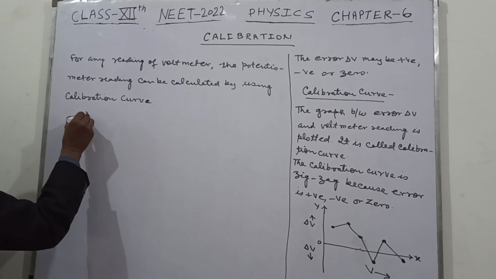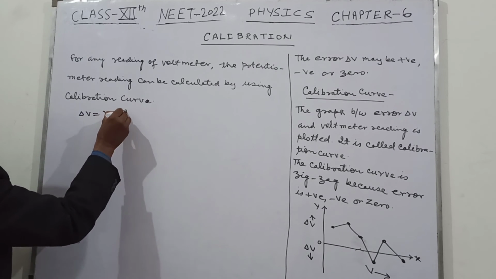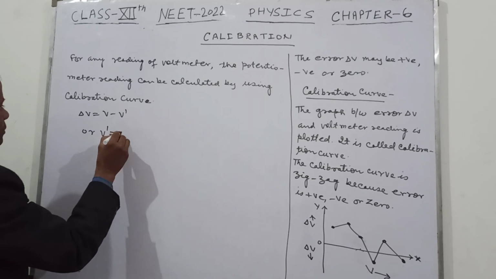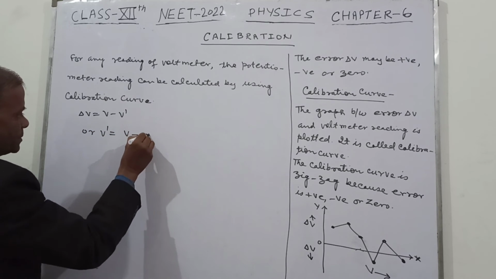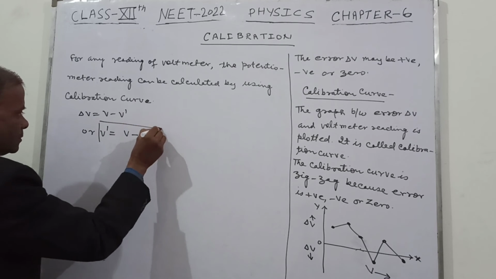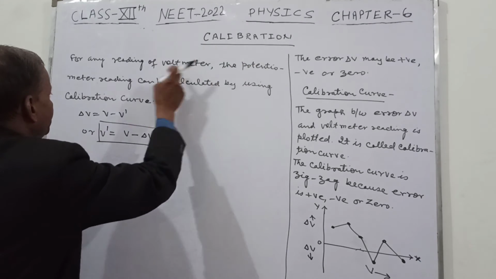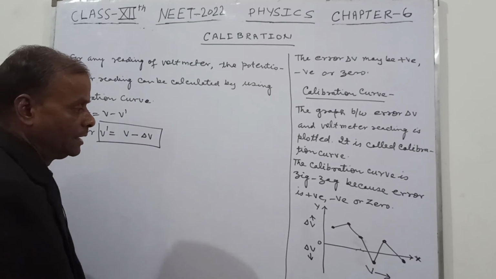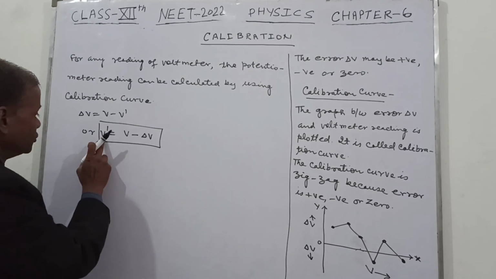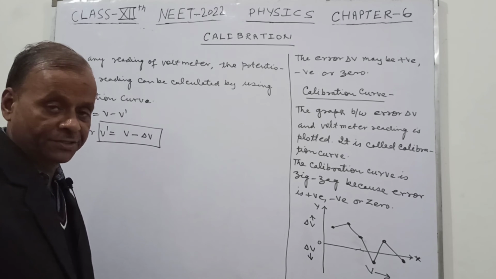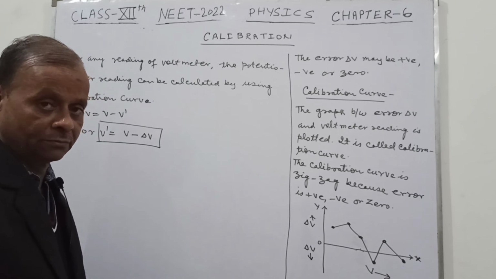So this delta V is equal to V minus V dash, or V dash equal to V minus delta V. Now this is the V dash, the potentiometer reading, and then we find out whether this potentiometer reading matches with this reading V or not. If this is matching, then this is the right one.